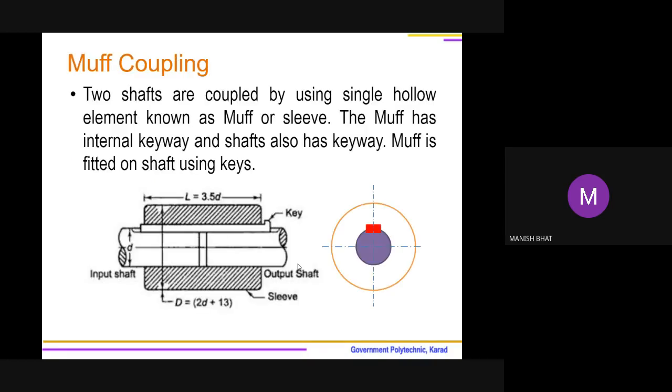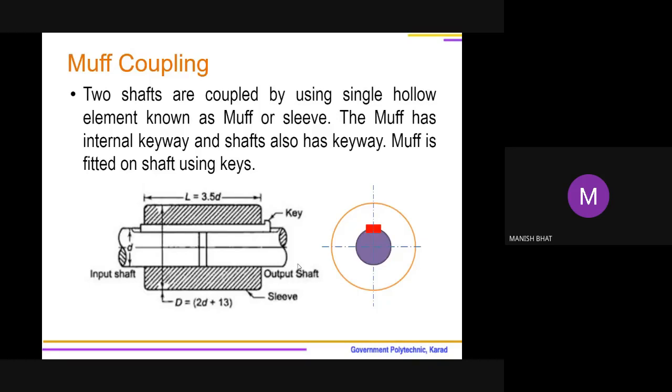We know that rigid coupling requires alignment between two shafts, and shafts are unable to have any angular movement in between. So we want true alignment between two shafts. Their axes should coincide in horizontal plane and vertical plane also.